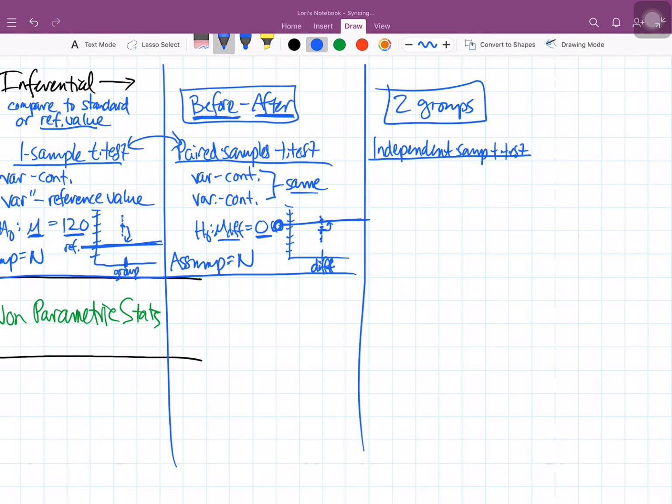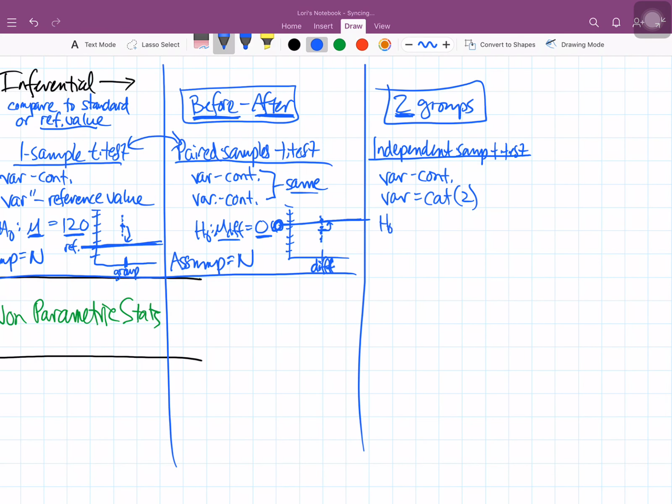And so now we don't just have the measurement for one group altogether, but our variables are, we have a continuous variable, and our second variable is what is our grouping variable, and I'm going to call that categorical with two categories, because for an independent samples t-test, by definition there are only two groups.